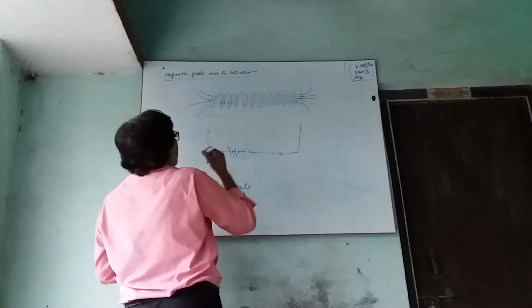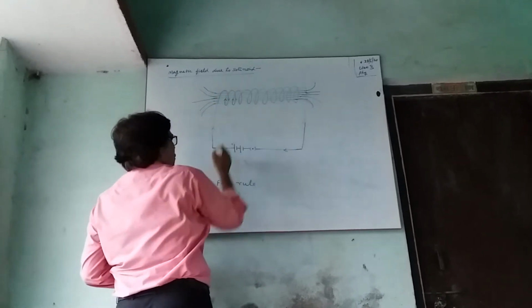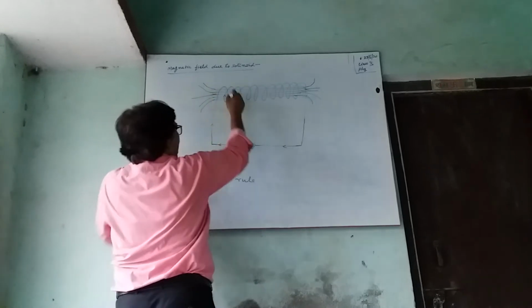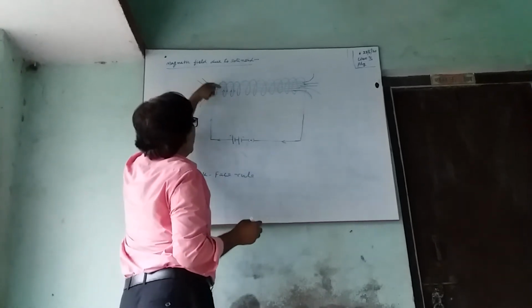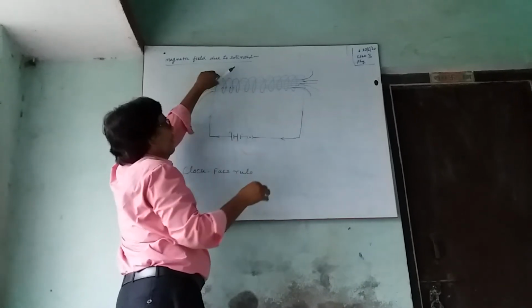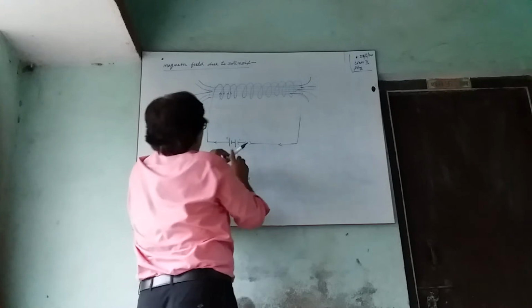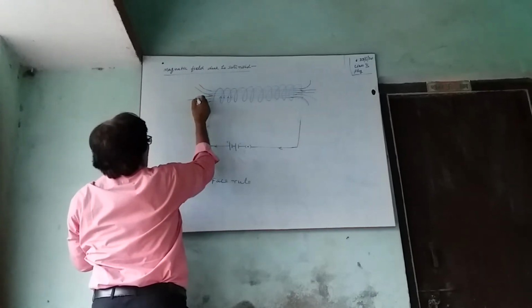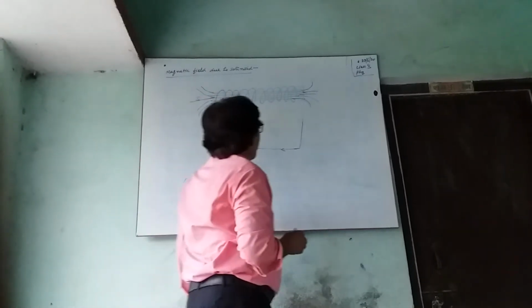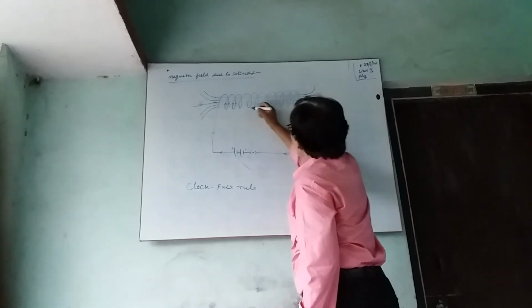Suppose here the direction of current is clockwise, like this. Therefore it will be the south pole.